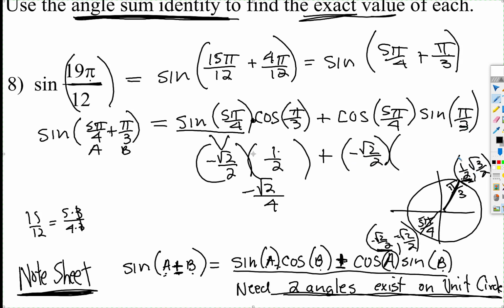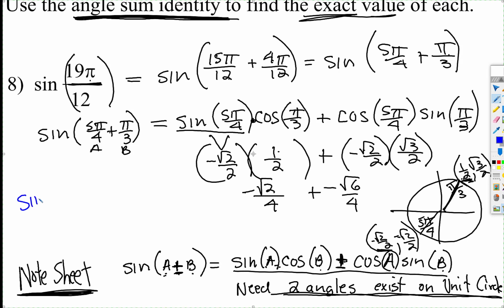Sine of pi thirds is root 3 over 2. Well, negative root 2 times positive root 3 is negative root 6, and 2 times 2 is 4. So your final answer, let me go ahead and erase some stuff and change the ink color.